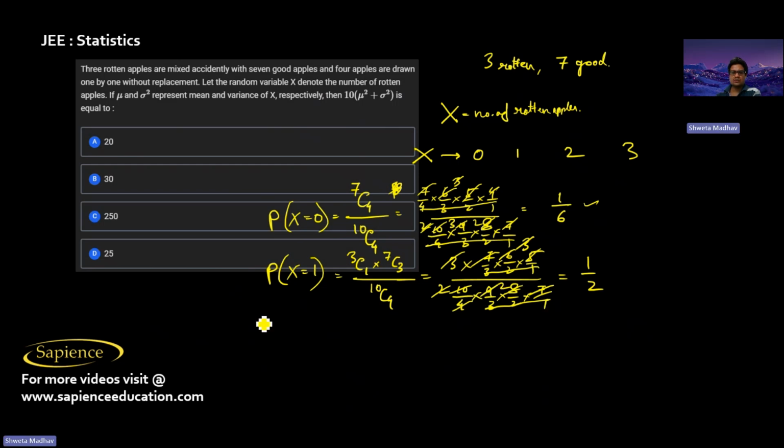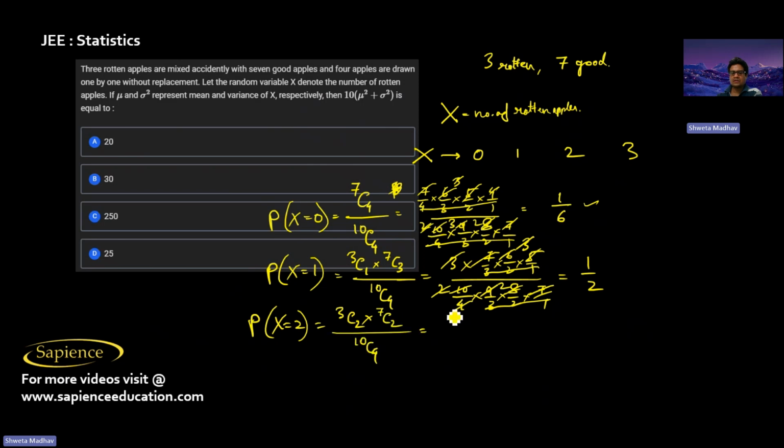So 1 by 2. Then P of x equal to 2, it means we will get 2 rotten apples, since 4 rotten apples we can't get. So 2 rotten apples means out of these 3 we will choose any 2 by 3C2 ways, and the remaining 2 we will choose from 7 good apples by 7C2 ways, by 10C4.